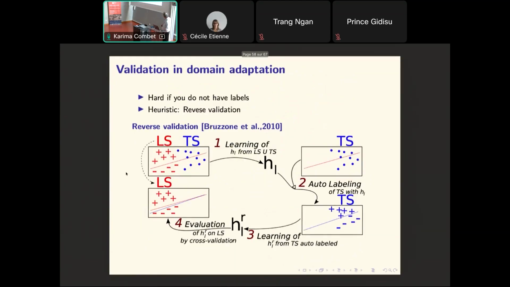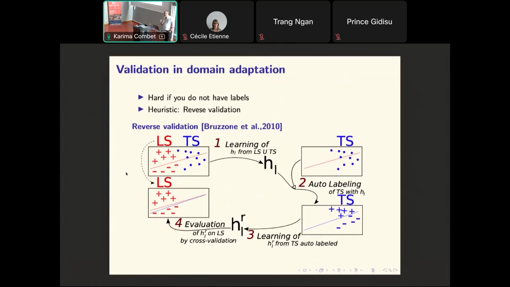One very quick word about validation. Hyperparameter validation in domain adaptation is actually a very hard task if you do not have target labels. Sometimes people keep some target labels to select the models and do validation in that sense.